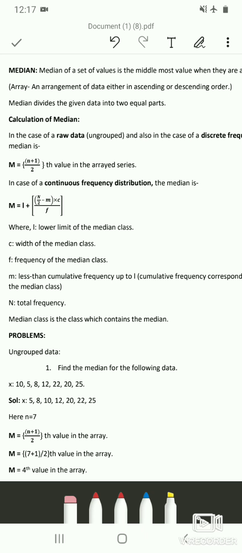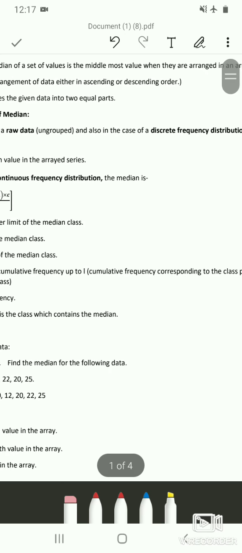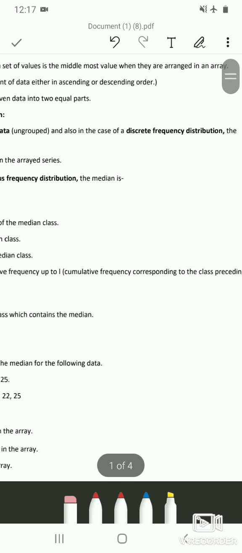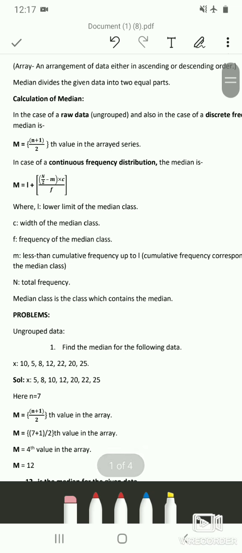Now let's see the formulas for calculating median. In case of raw data or ungrouped data, and also in the case of discrete frequency distribution, the calculation of median is the same.